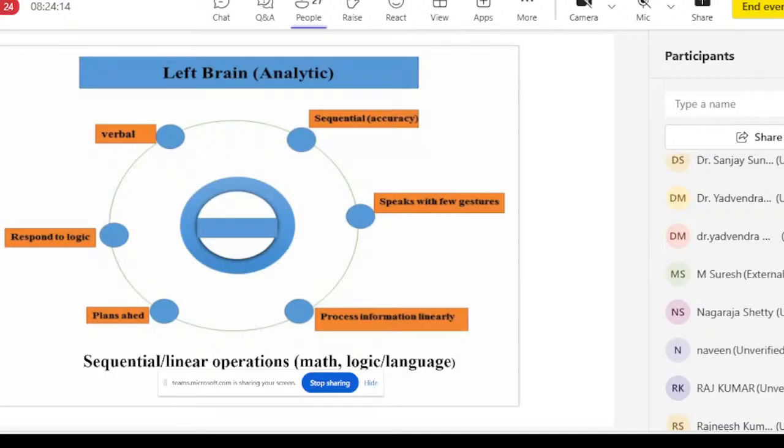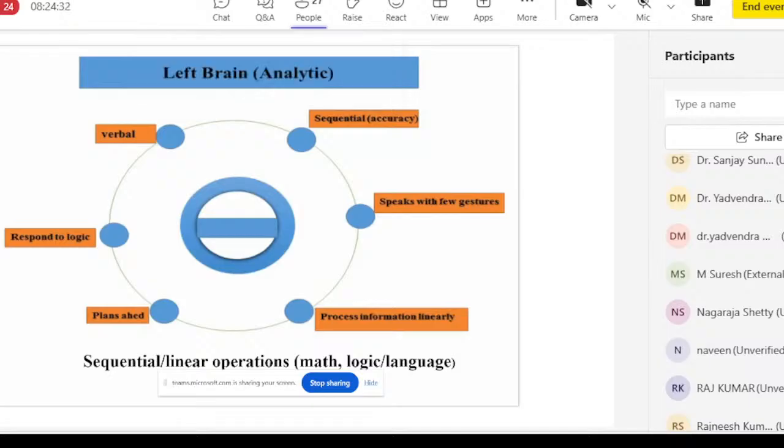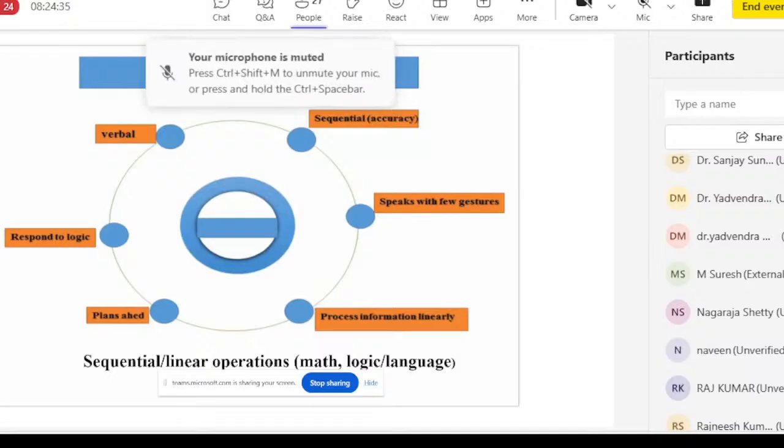It processes information linearly, so non-linearity is not there, and it speaks with few gestures. Whenever I'm talking with this gesture, it is being dictated by my left brain. Whenever you are learning, this accuracy is there.